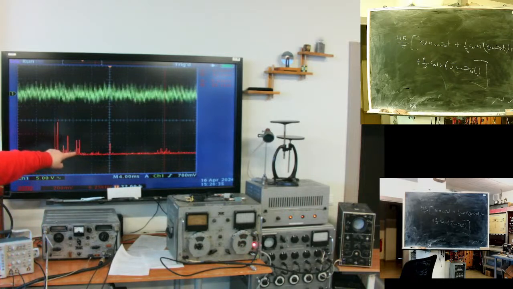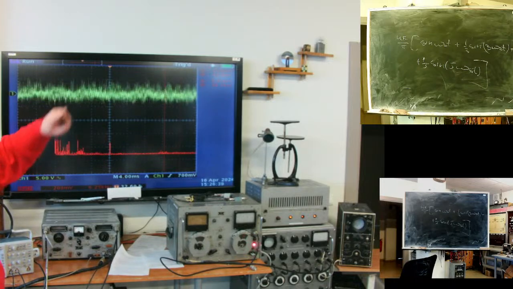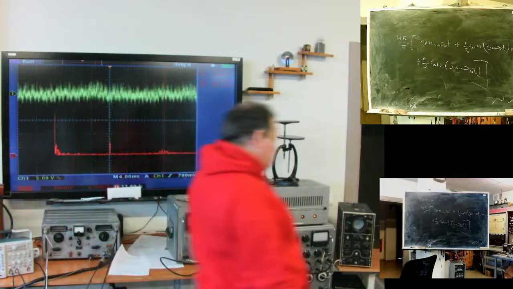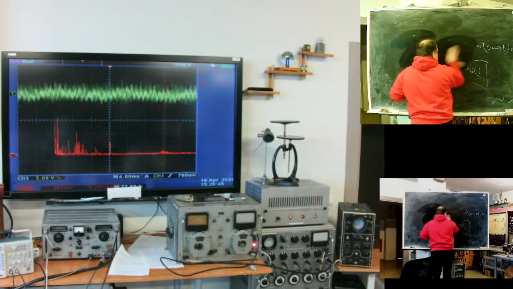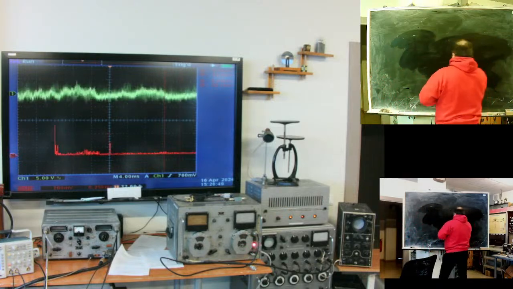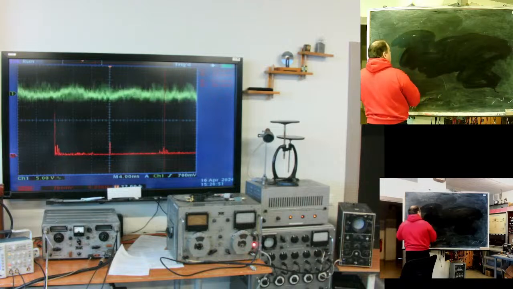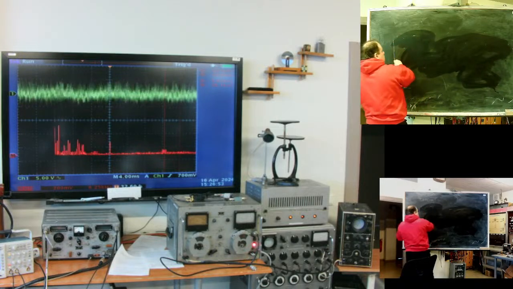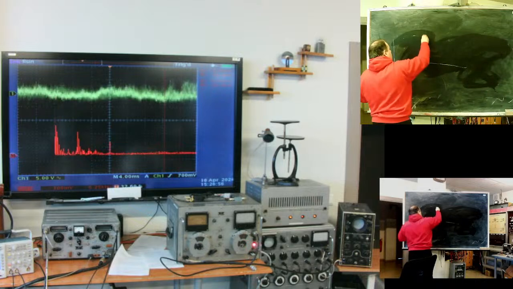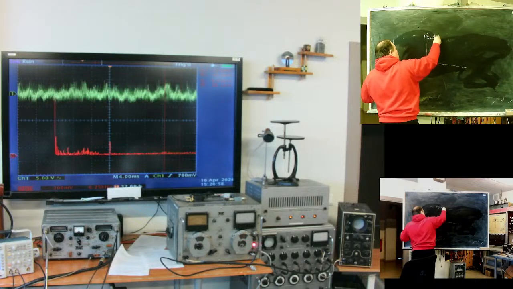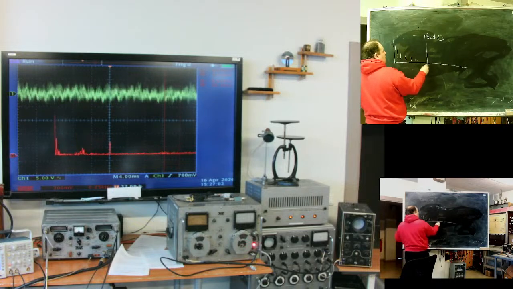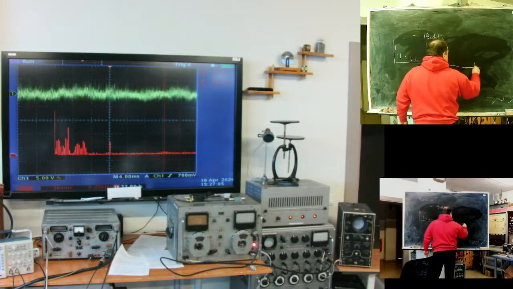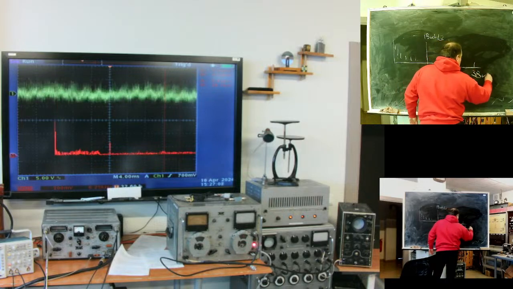And what's that, where my cursor stands? You see? Sporadically appears something like a picture like this. 19 kilohertz. Something like sound here, and at 38 kilohertz.